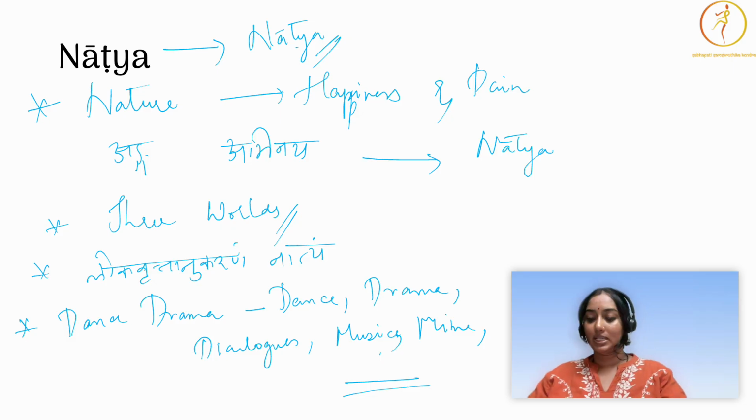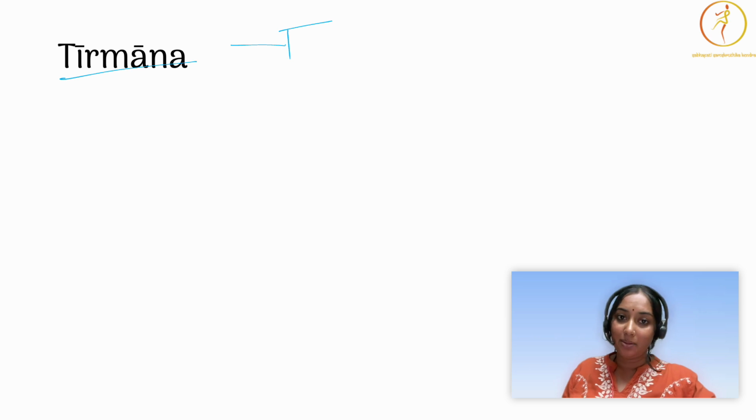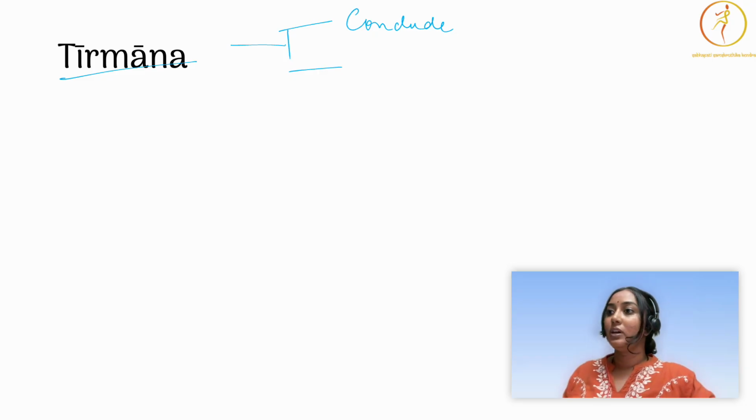Okay? Next. We'll go to the word Tirmana. At this point, we must know what is Tirmana. The term Tirmana literally means to conclude. So, Tirmana is the conclusion or the final ending, a rhythmic ending, right?